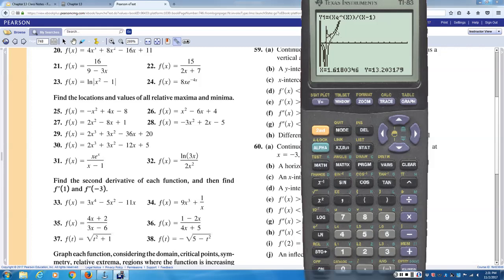No, the function's right there. This is the asymptote. Let me kind of narrow down our window for a minute. I'm actually going to turn off the derivative because we know where the zero for the derivative is.